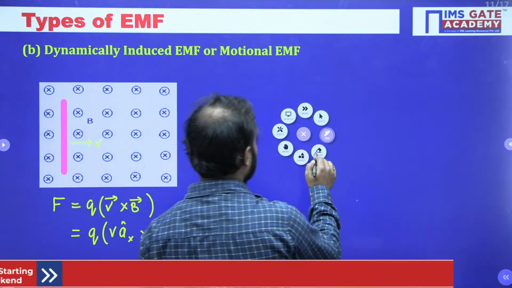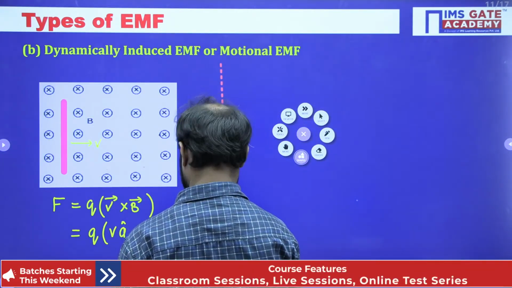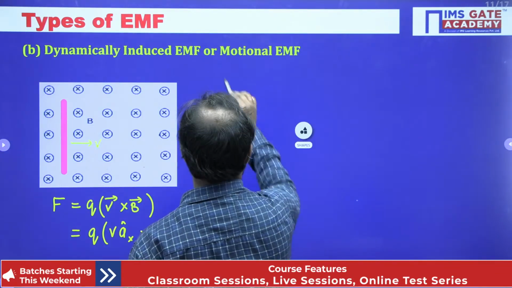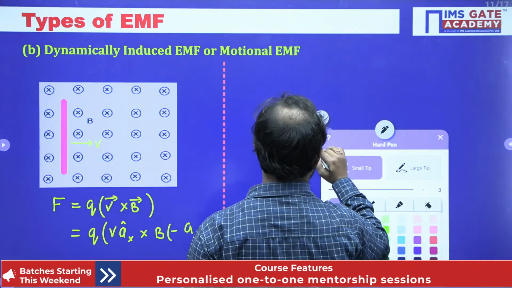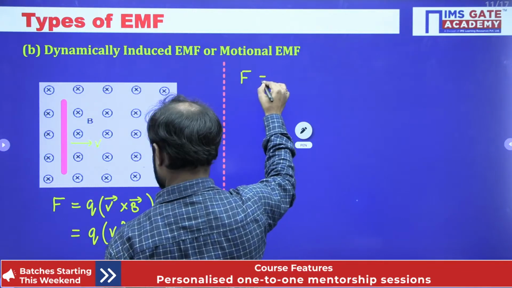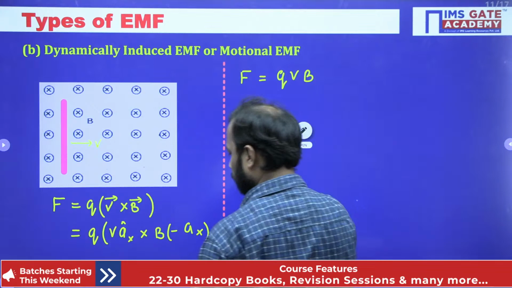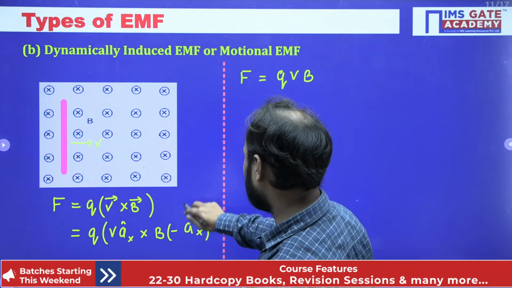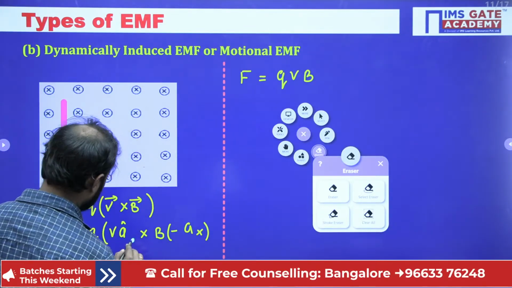So this gives the force as Q V B, and, sorry, this is inside, okay, and this is AY, extremely sorry, this is AY, not AX.